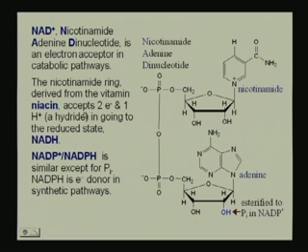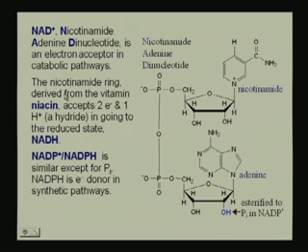It accepts 2 electrons and 1 proton, that means a hydride, and goes to the reduced state NADH. Similarly, we have NADP plus and NADPH. It is similar, as I said, only with this extra phosphate at the 2' position.